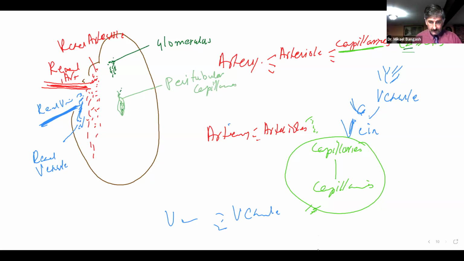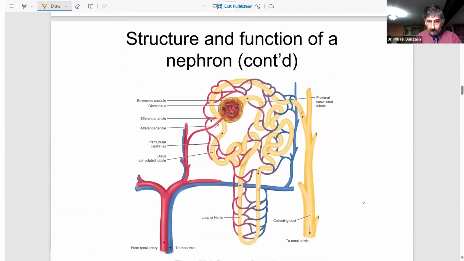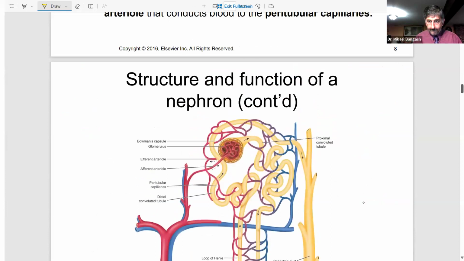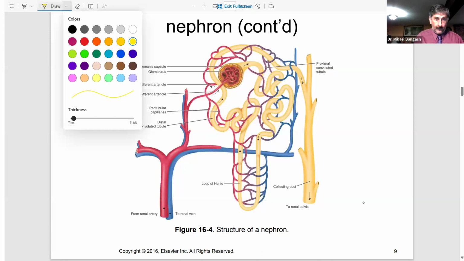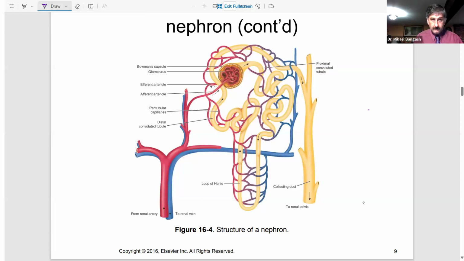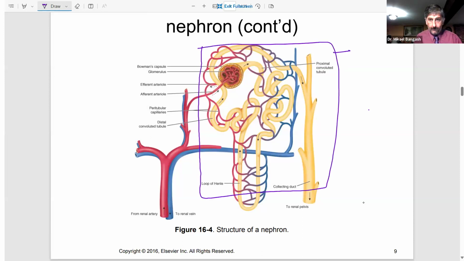Okay, guys, let's try to look here. All this here is going to be your nephron.